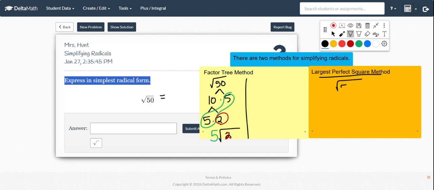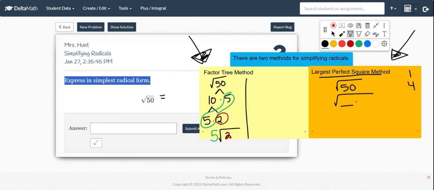So largest perfect square method, you must put a perfect square in the first line. Whereas the factor tree method, which was in yellow, you can choose any numbers that multiply to 50, in this method you have to choose the largest perfect square. So you have to kind of know what the perfect squares are.